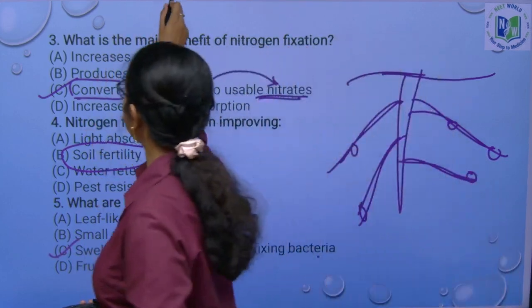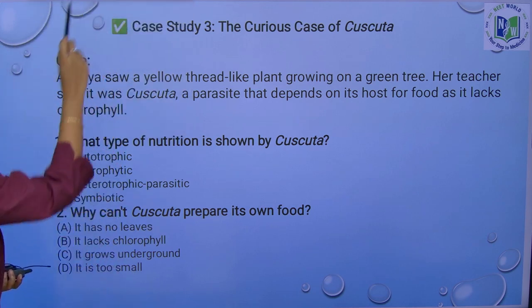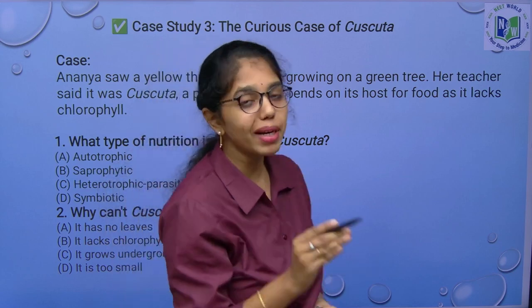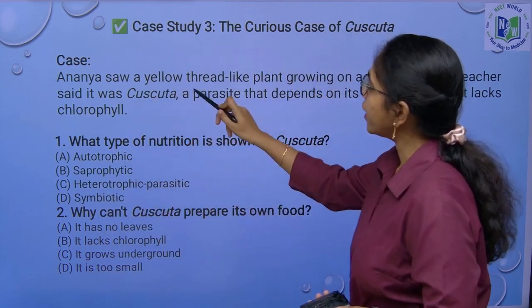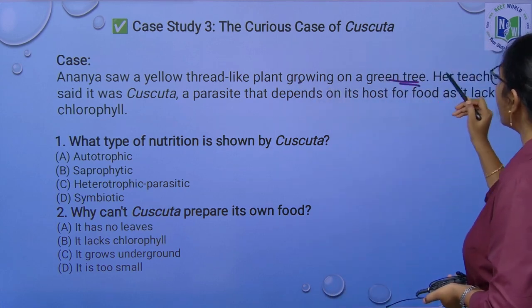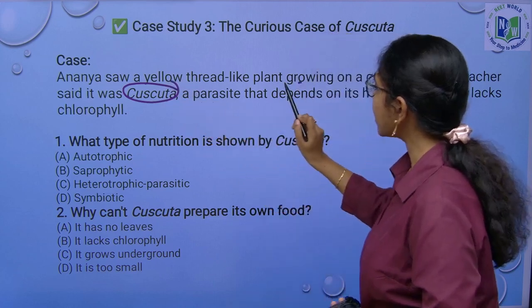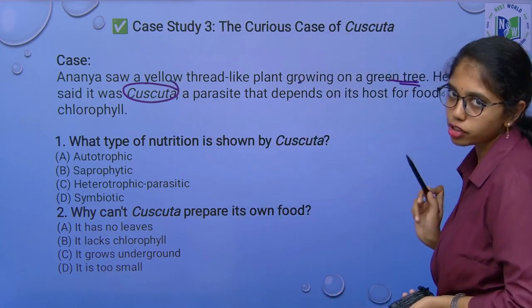Fine. Next, now the last case study of this session is a curious case study on Cuscuta, which is a complete parasitic plant. Ananya saw a yellow thread-like plant growing on a green tree. Her teacher said it is Cuscuta, a parasite that depends on its host for food as it lacks chlorophyll.